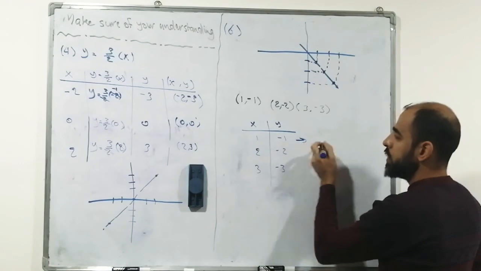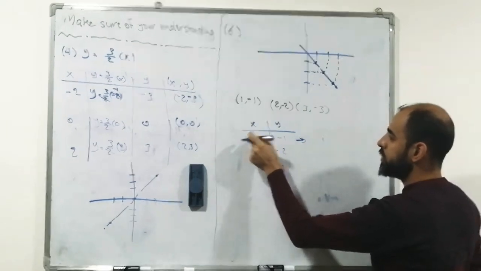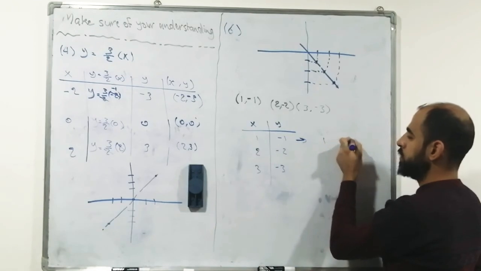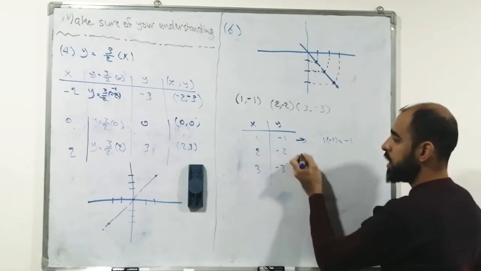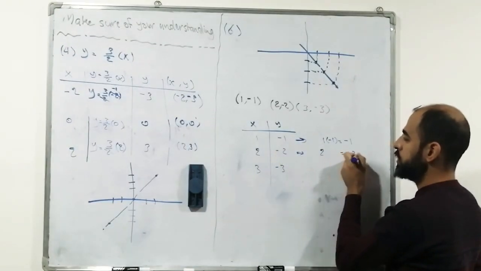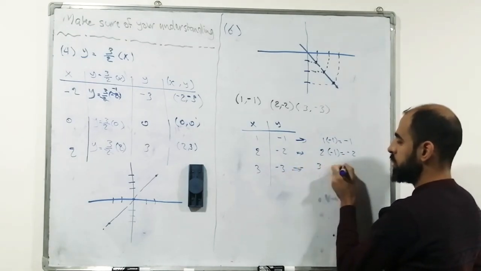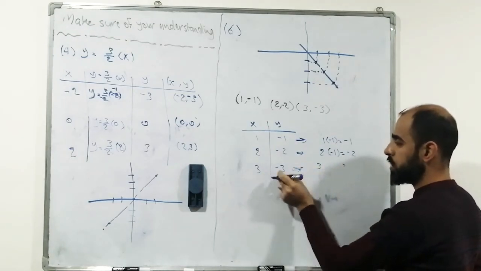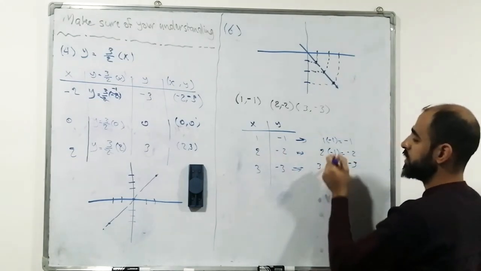So here, how can we make 1 equal -1 by multiplying it by -1? By the same way, 2 equals -2 by multiplying by -1, and 3 equals -3 also by multiplying by -1.